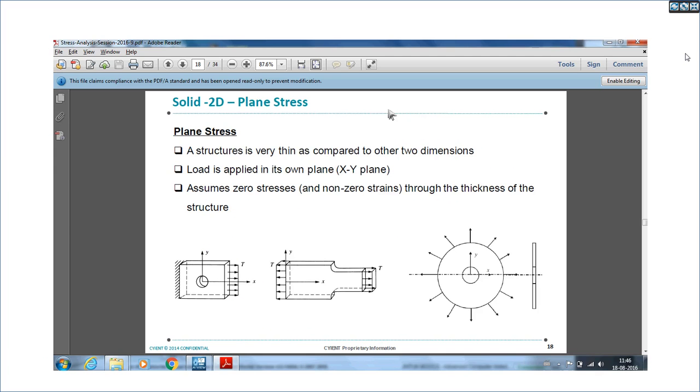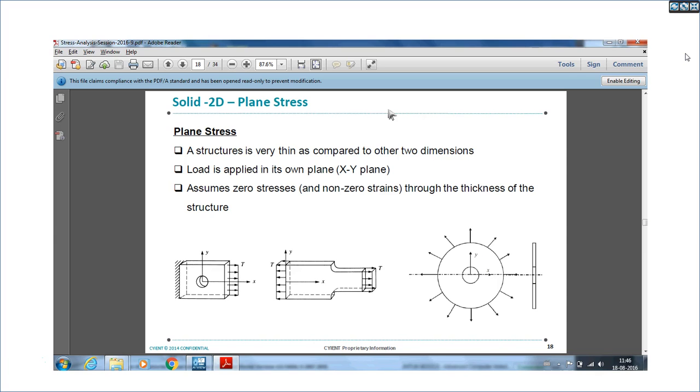We already discussed plane stress. Generally when there are thin components, assume some of the components are very thin compared to the other two dimensions, like one dimension is very small compared to the other two dimensions. Then we can use plane stress assumptions.